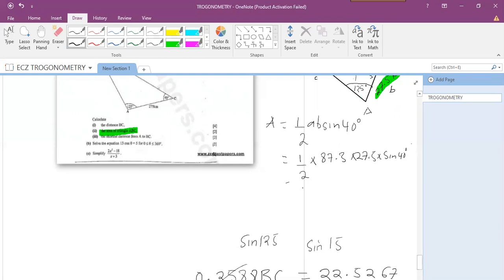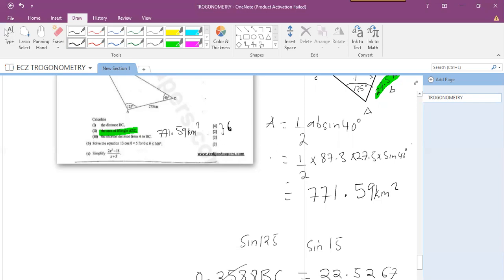You're going to get your area as 771.59 square kilometers. So our area is 771.59 square kilometers.